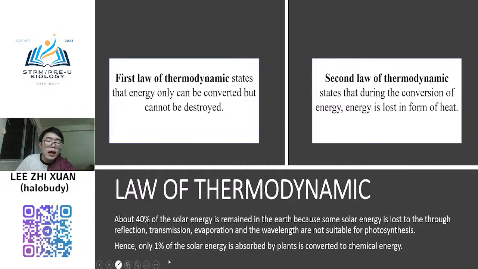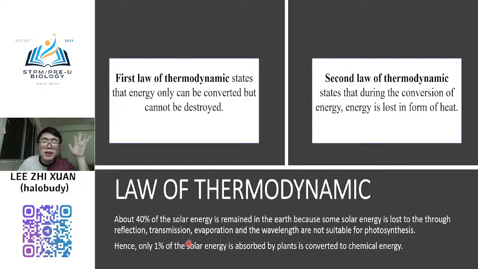So actually in our plant, only 1% of the solar energy is absorbed by the plant to convert into chemical energy. Meaning that within the 40%, only 1%, hanya 1% sahaja. Yang selain 99% semua hilang.